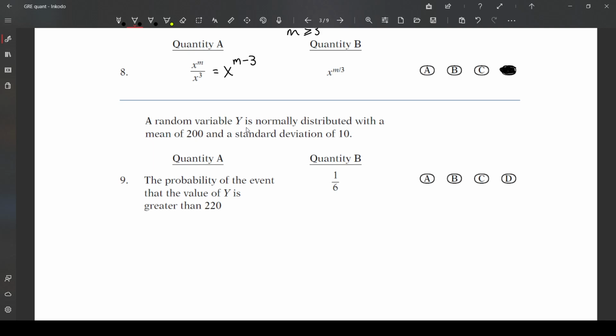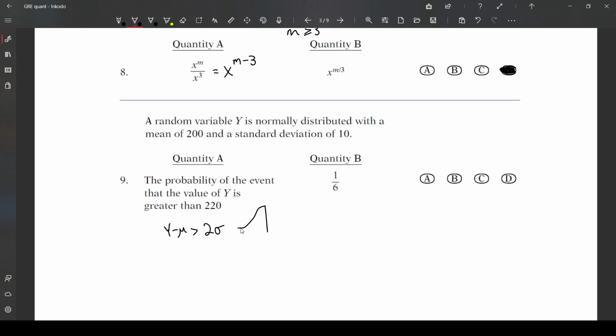Y is normally distributed with a mean of 200 and a standard deviation of. So the probability of the event that y is greater than 2 standard deviations away from the mean, or y minus mu is greater than 2 standard deviations.